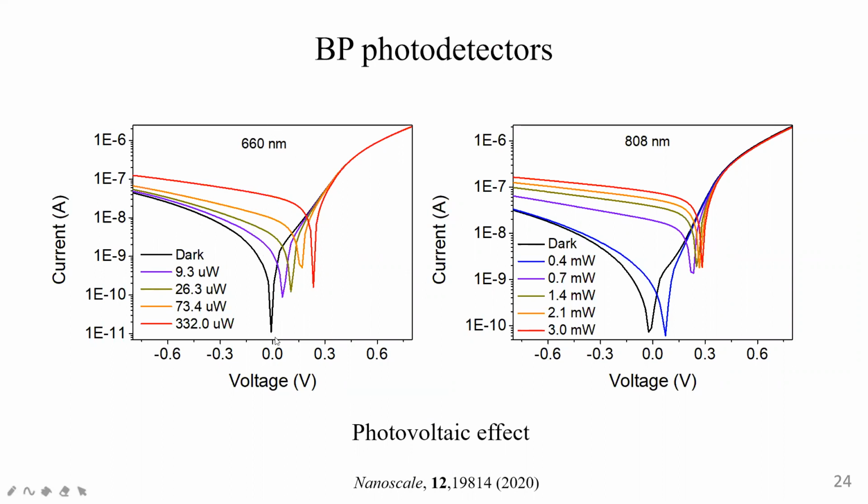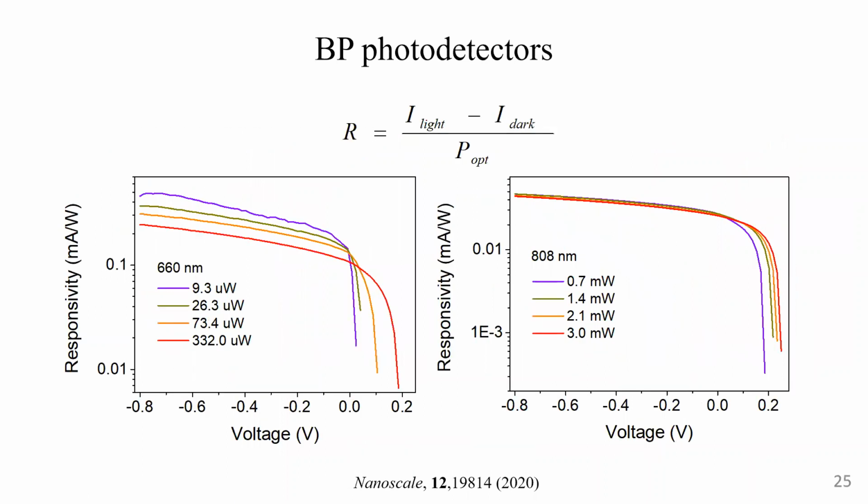And besides, there is a shift of the current minimum from 0 to about 0.225 volts or so. This is the photovoltaic effect due to the formation of a quasi-Fermi level in the device.